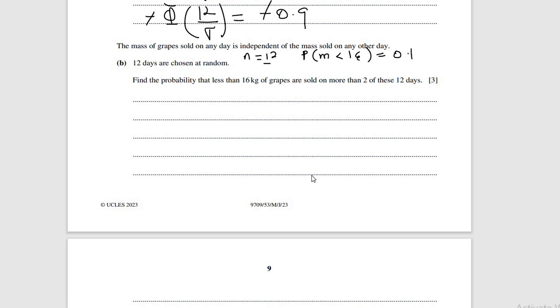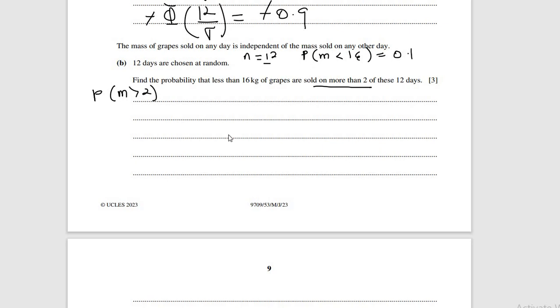Find the probability that less than 16 kg of grapes are sold on more than 2 of these 12 days. So we are looking for the probability of more than 2. It's a complex statement.